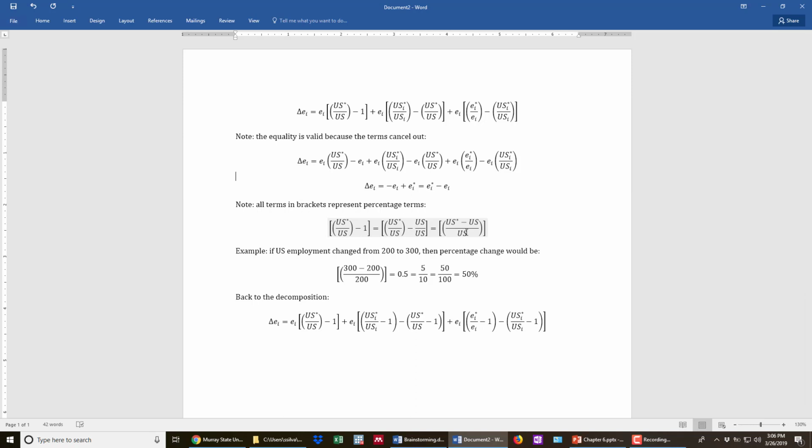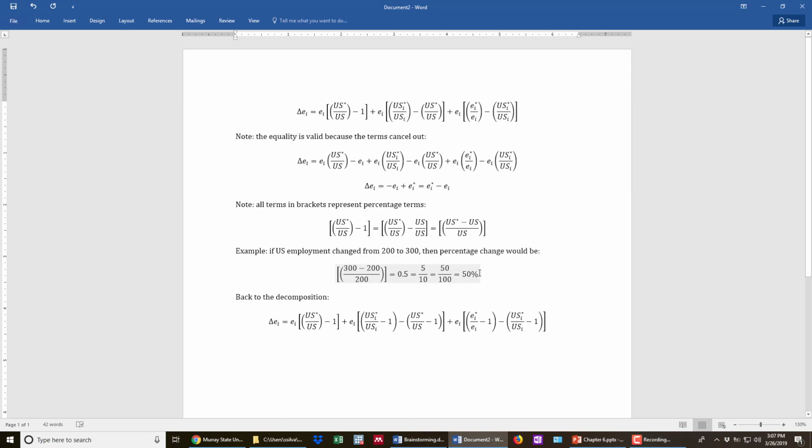For instance, if US employment changed from 200 to 300, how would you calculate the percentage change? The final level, 300, minus the level in the beginning, 200, divided by the level in the beginning, 200, that's 0.5, which is the same as 5 divided by 10, which is the same as 50 divided by 100, which is the same as 50%.